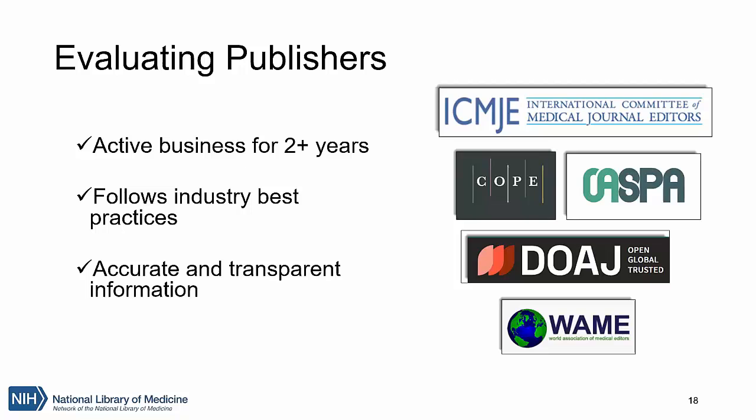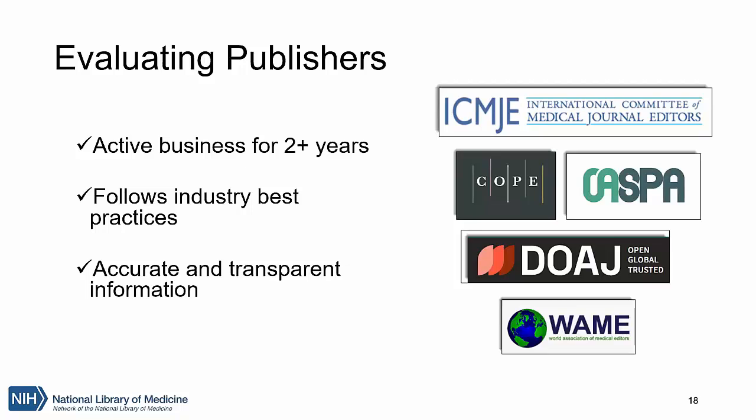We look to see that the publishers follow guidelines and best practices from professional organizations, including the ICMJE's recommendations for the conduct, reporting, editing, and publication of scholarly work in medical journals, and a joint statement by COPE, DOAJ, WAME, and OASPA titled Principles of Transparency and Best Practices in Scholarly Publishing.